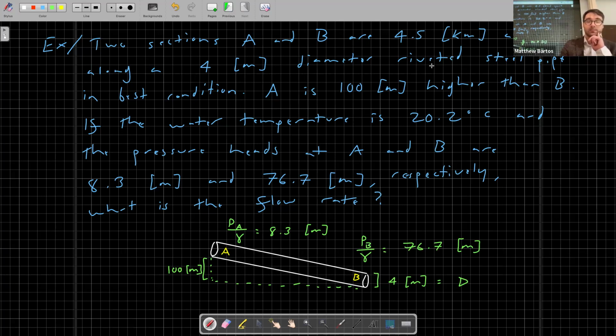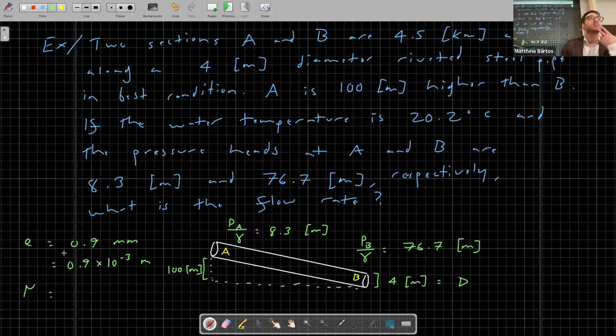Okay, so we need the roughness height and we need the viscosity. This is going to be the same as in the last problem. So what was the roughness height of riveted steel pipe in best condition? 0.9 millimeters, very good. So if we divide that by 1,000, we'll get 0.9 times 10 to the negative third meters. Let's keep everything in standard SI units.